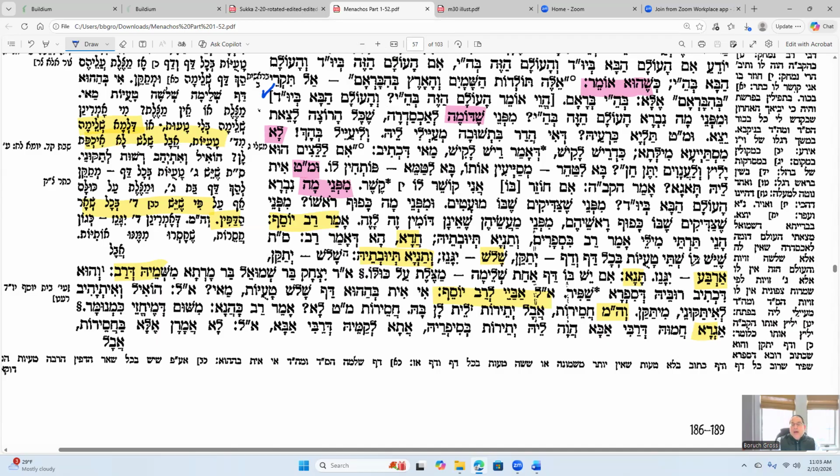So if you have columns that have four mistakes, but one column that has no mistakes, then you don't have to hide it anymore. It's on condition that most of the Sefer Torah was written correctly.